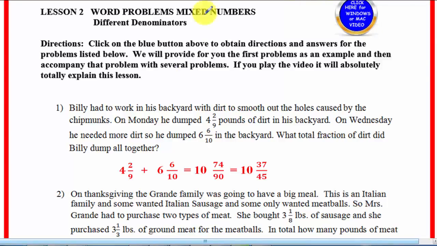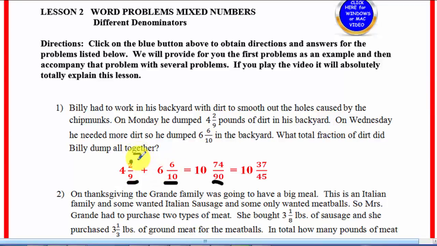We have a 9 here and a 10. So what's the common denominator? We already told you right here, it's 90. How many times does 9 go into 90? 10 times. So 2 times 10 is 20.